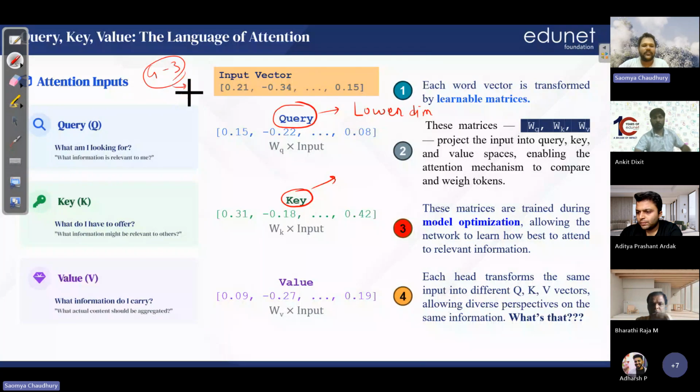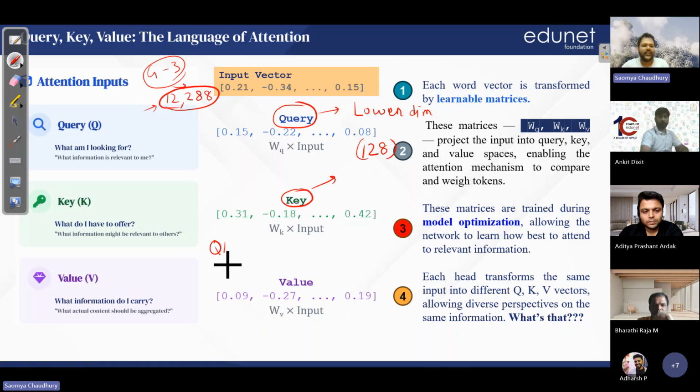The initial embedding size is about 12,288. The query matrix, especially in GPT-3, is a matrix of 128 dimensions. You see, 128 is way smaller than 12K. Everyone understood? Is it understandable, sir? Yes.